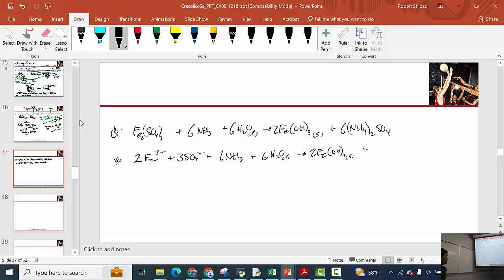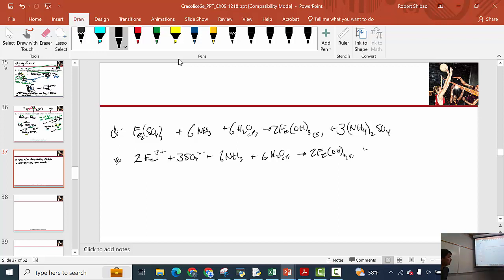Did I get it right? Or did I screw it up? I guess I did. I screwed it up, sorry. I didn't quite balance it correctly. This shouldn't be 6, this should be 3. So we're going to dissociate this into ions.